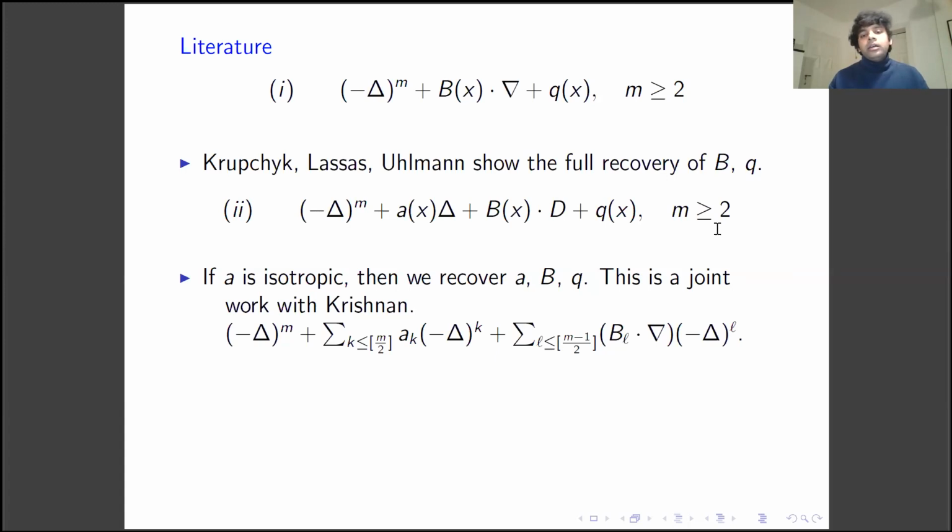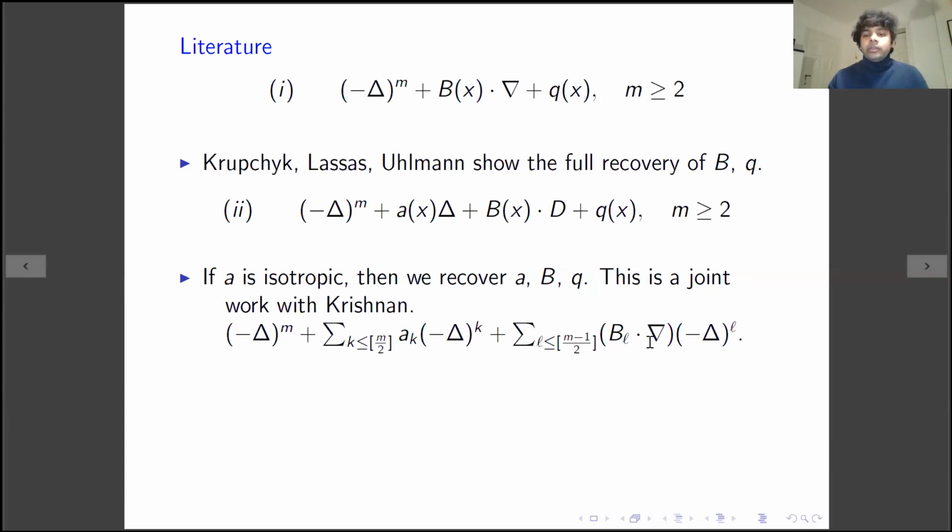And in fact, it's not only about second order. You can also put any other higher order perturbation terms. The only condition is that if it's an even perturbation, then we assume that this A_k is a scalar, or isotropic.